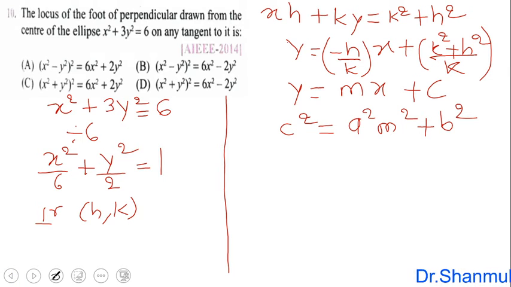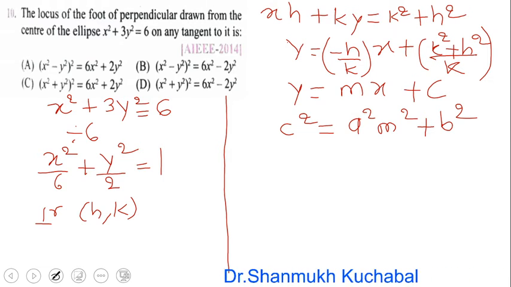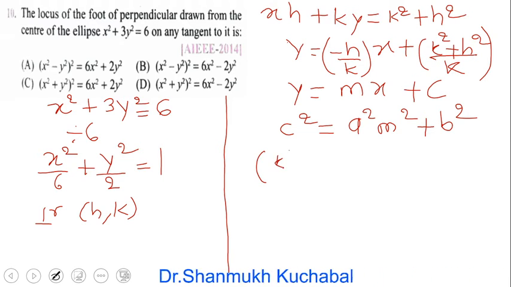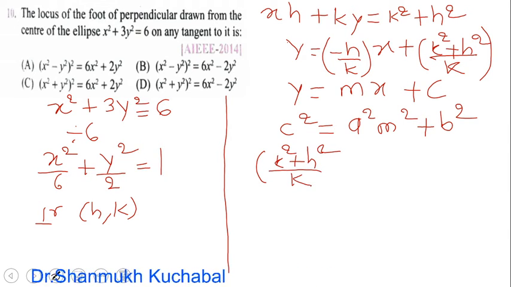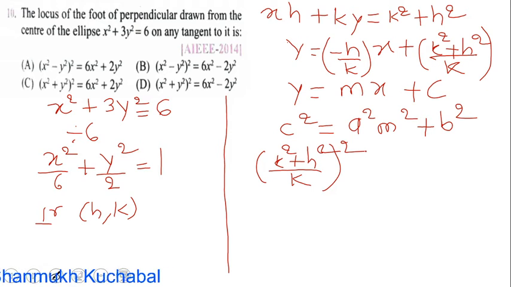This is the tangent condition here. So I have taken this c, comparing c square, we are going to get it as k square plus h square divided by k, whole square. Dear students, c value is k square plus h square divided by k.